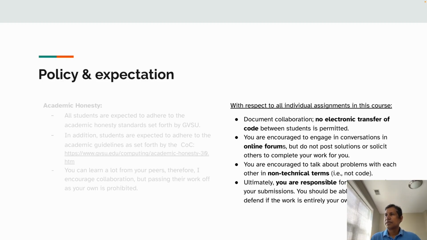You are encouraged to engage in conversations in online forums, but do not post solutions or solicit others to complete your work for you. You are encouraged to talk about problems with each other in non-technical terms, not coding.